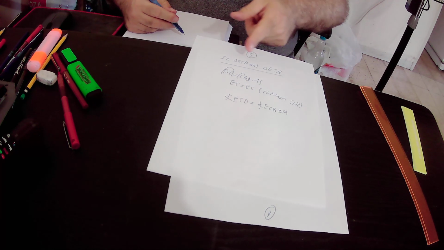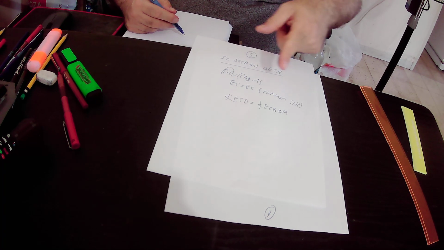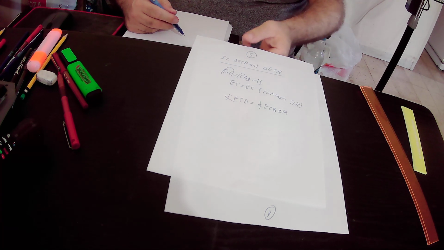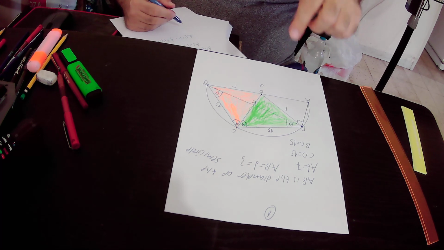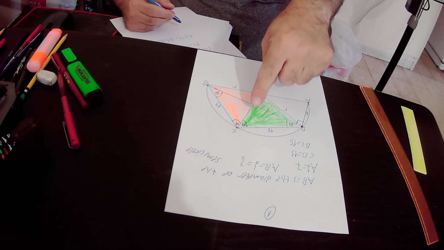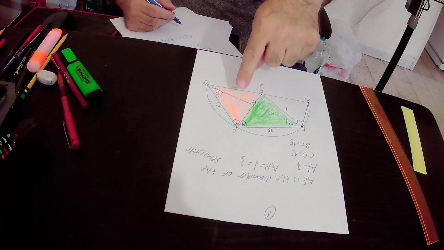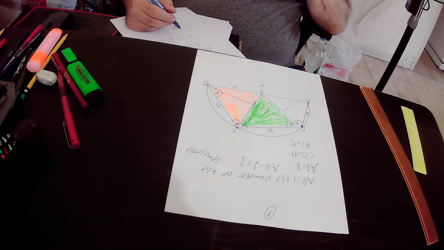We have also EC that is a common side, and we also know that angle DCE equals angle ECB. Both those two angles equal alpha. So we actually found out that two sides and one angle in the green triangle are equal to two sides and one angle in the orange triangle.